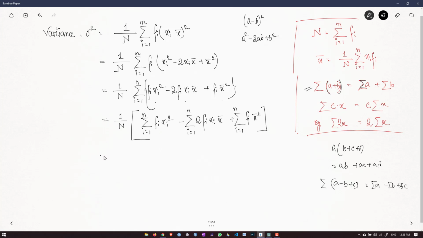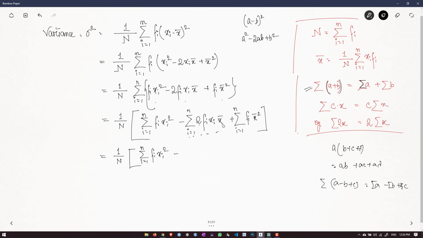Okay, this is equal to 1 by n summation i goes from 1 to n fi xi square. The first term will be intact, nothing changed. Next, in this term you can see that 2 is a constant and this x bar is also a constant. How can we tell whether x bar is constant?